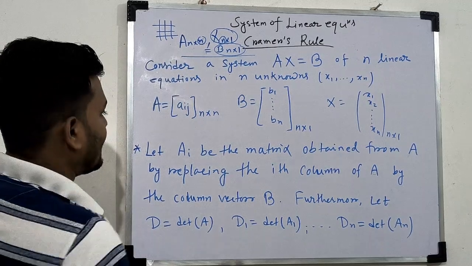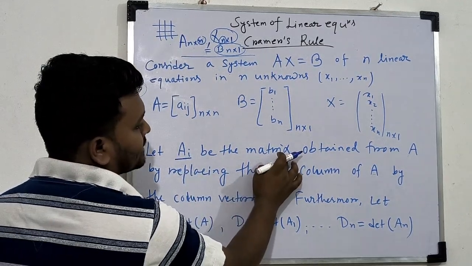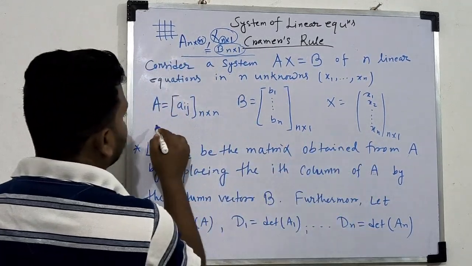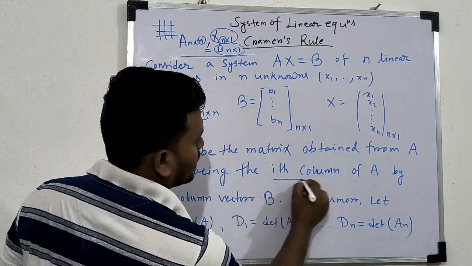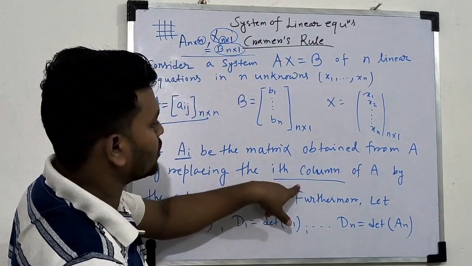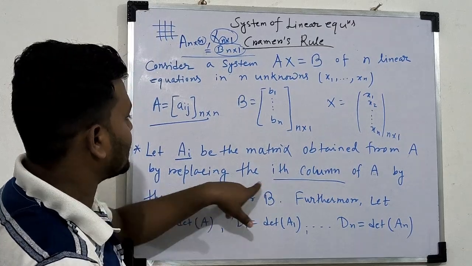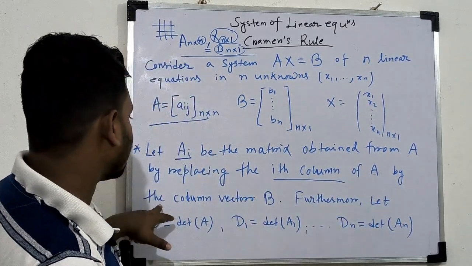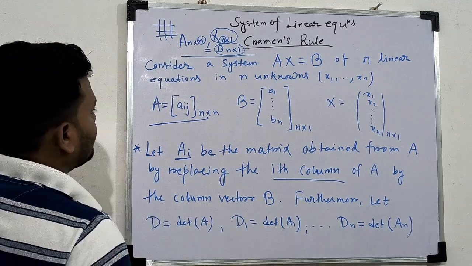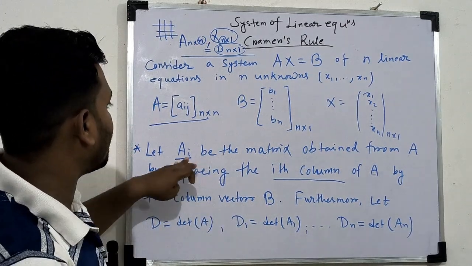Let us define Ai to be the matrix obtained from matrix A by replacing the ith column of A by the column vector b. This is important.